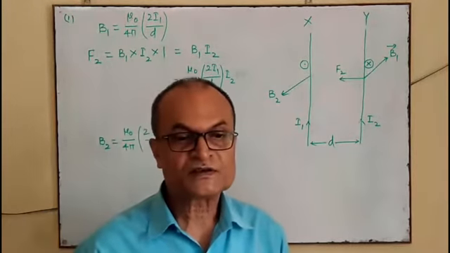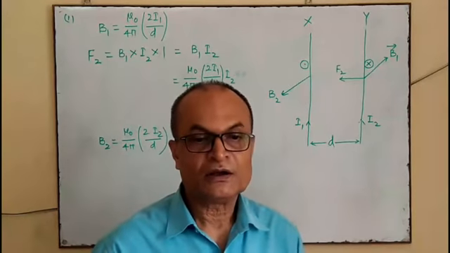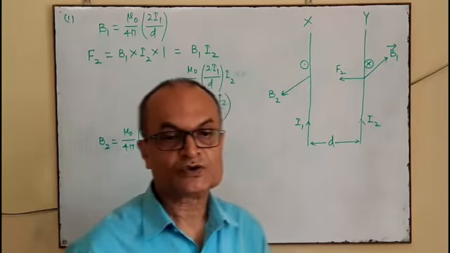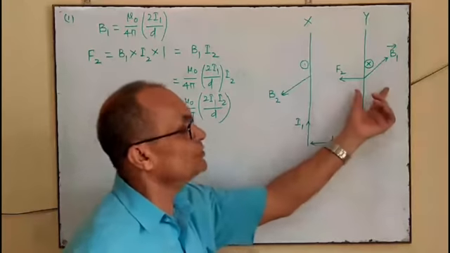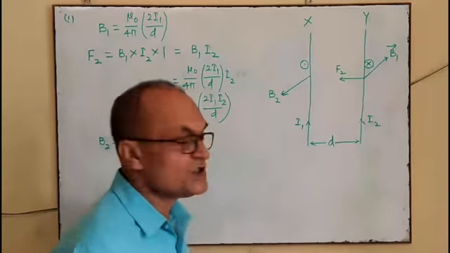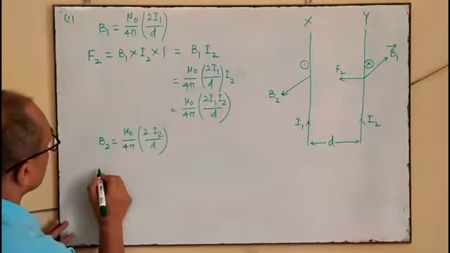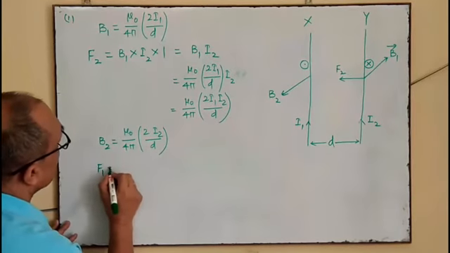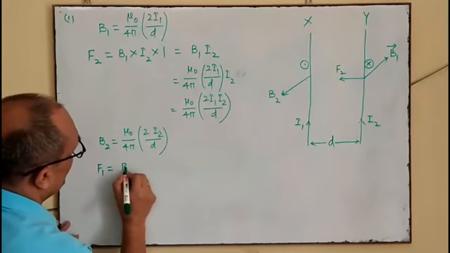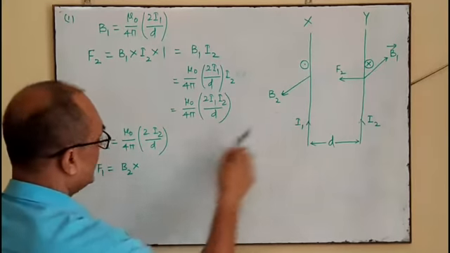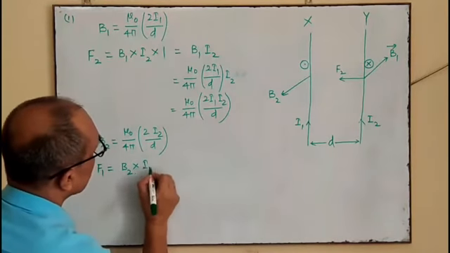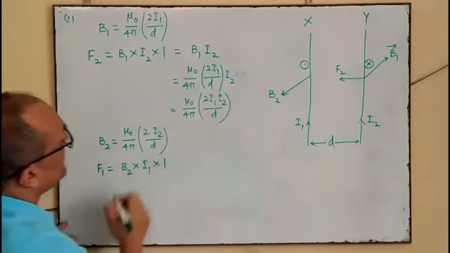Similarly, we are going to find out the magnetic force per unit length. How much force is experienced by this wire due to this current? Suppose that is F1, which equals the magnetic field B2 into this current I1 into unit length.